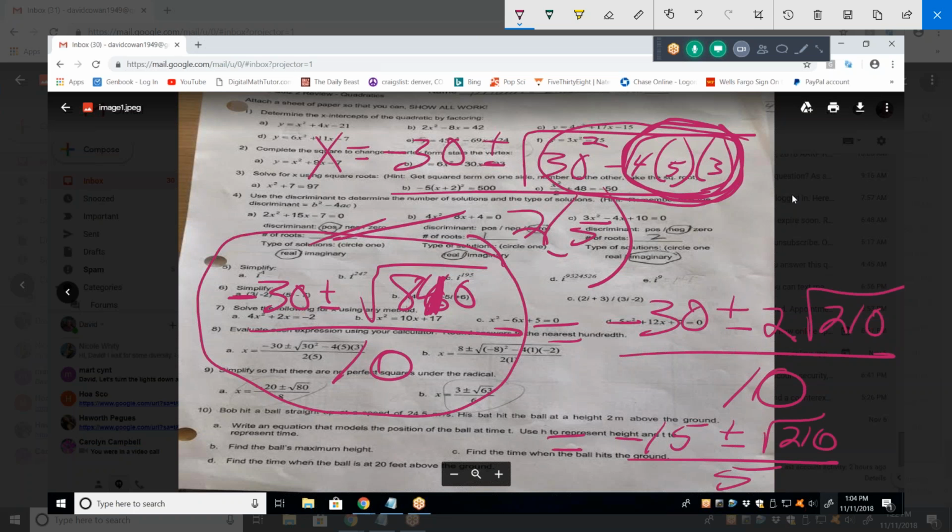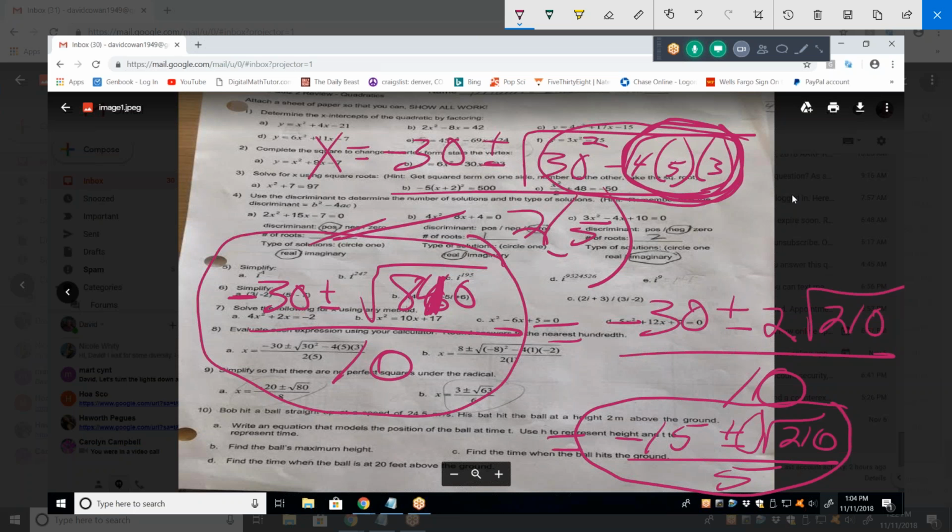Now, is that simplified? Yes. Well, I know what you're thinking. You're thinking you can divide top and bottom by 5. But you can't really. Because in order to divide top and bottom by 5, I got to be able to divide that by 5.